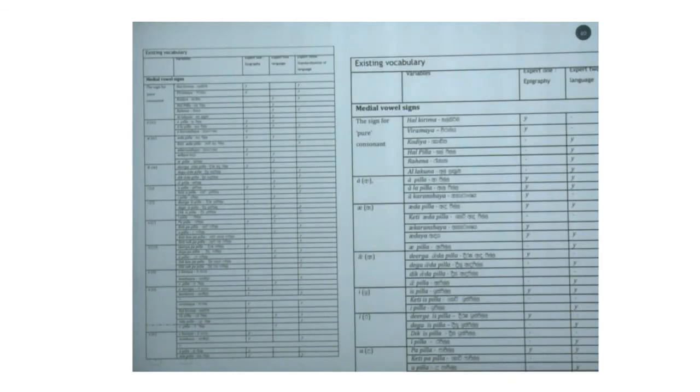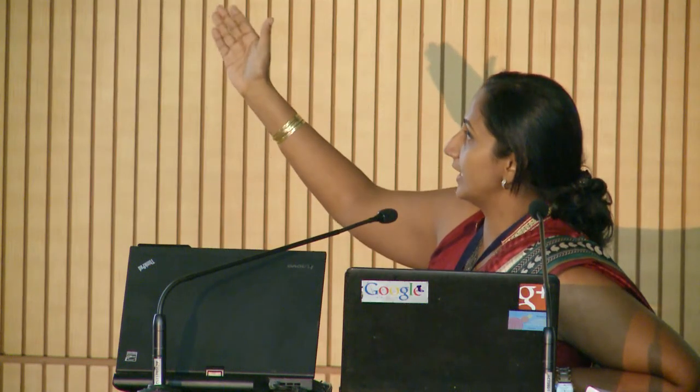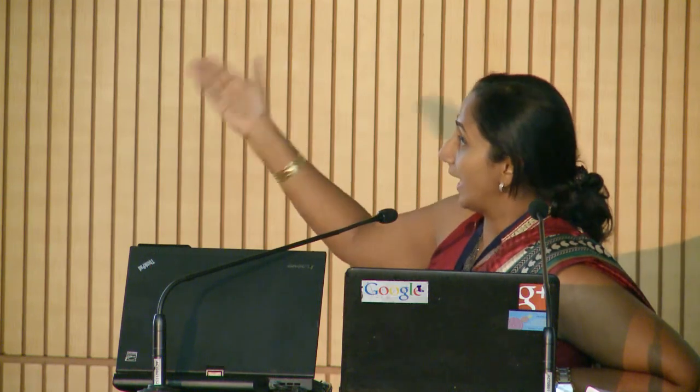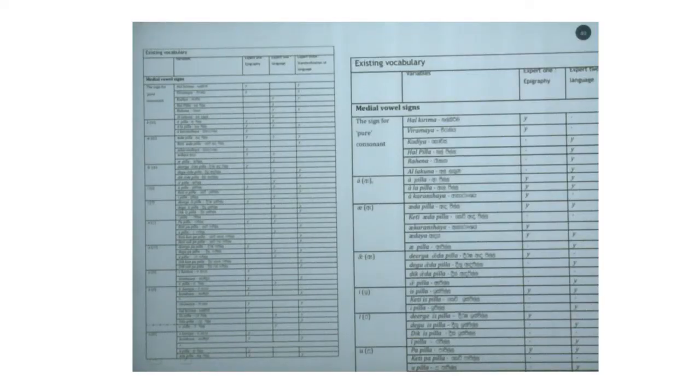So we have the sign for pure consonants: hal kirima, virame, kodiya, hal pilla, rahana, al lakuna. Several terms. I've categorized them accordingly, and the expressions I spoke of are also within the three experts, on why they have named it. And then I have the A sign as apilla, alapilla, akaranshaya, adapilla, keti adapilla, akaranshaya, and adaya, alapilla.